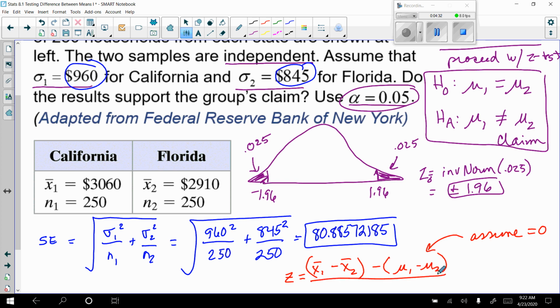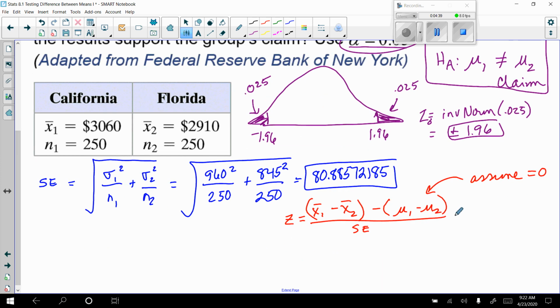All of that is divided by our standard error. So we're doing 3060 minus 2910 minus 0, divided by 80.885722185. And that z value is going to be 1.854468212.